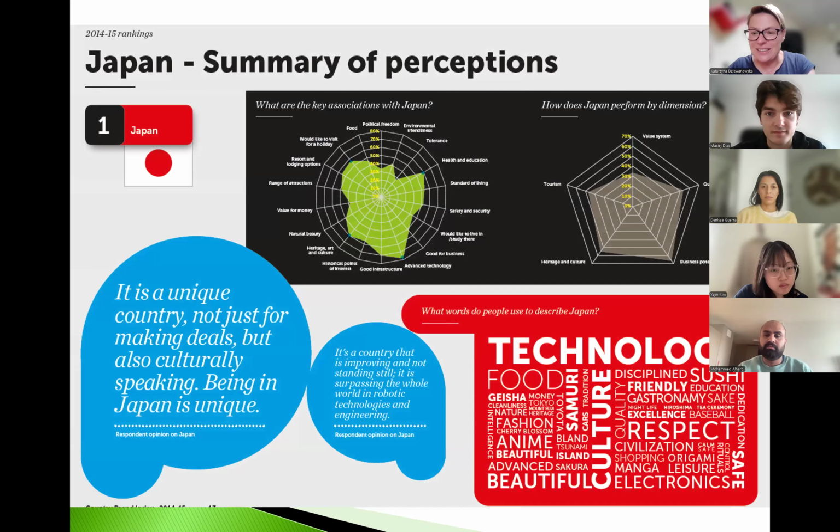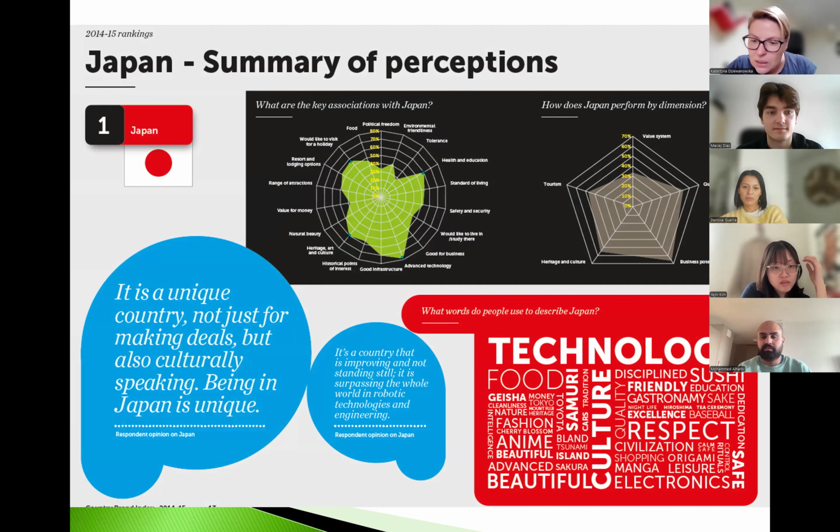This is actually the result of the survey that they had. They assessed Japan in this variety of dimensions. It's too small, so I will put it on the presentation so you can have a look. But look at what words do people use to describe Japan. That's all that you said: food, technology, electronics, and so on.